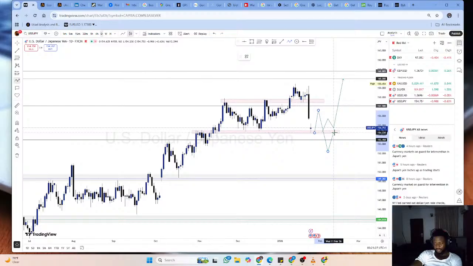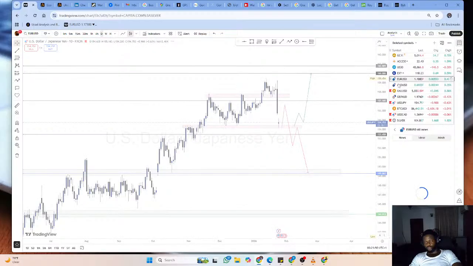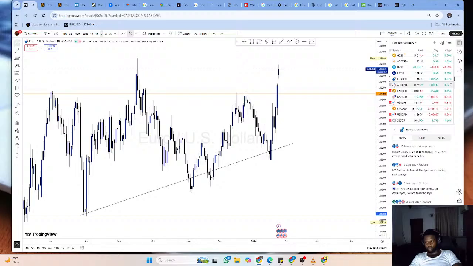But let's just do some exercise. Let's see what EURUSD might be doing. Has it broken out of the consolidation I've been looking at for a bit now? Because I said if this guy does not break out of this consolidation, I'm not trading it.